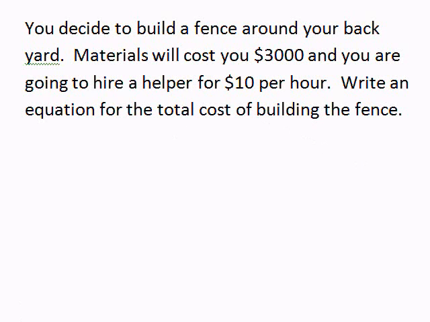We read through it and make sure we identify the important information, or just the information we think we're going to use. We know that materials cost $3,000. We're going to hire a helper for $10 per hour, and we need to write an equation for the total cost of building the fence. Now, we know we're going to be talking about a total.